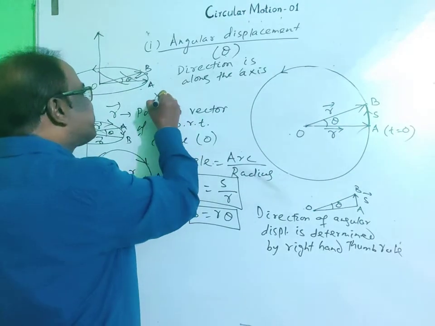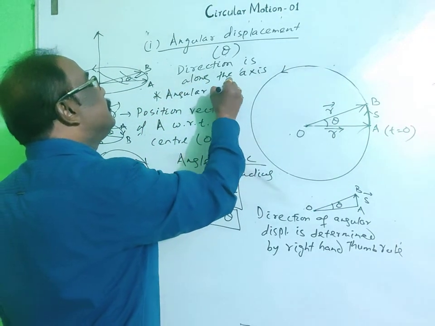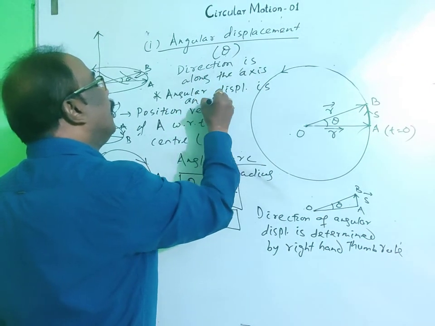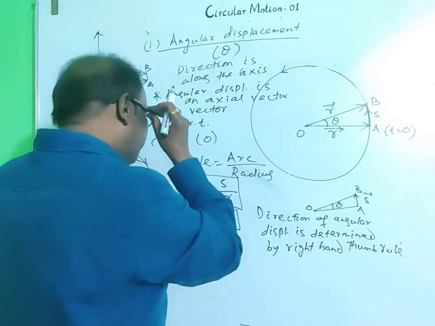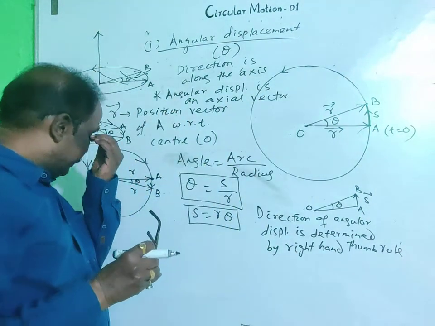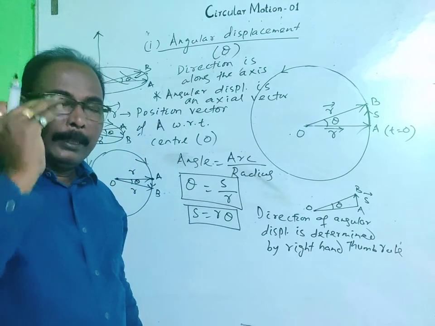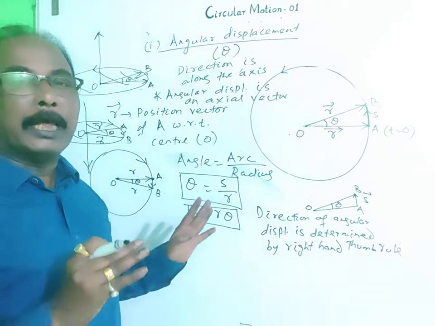So we may write angular displacement is an axial vector. As we have discussed, if a vector is directed along the axis, then the vector is called an axial vector. So angular displacement is an axial vector.